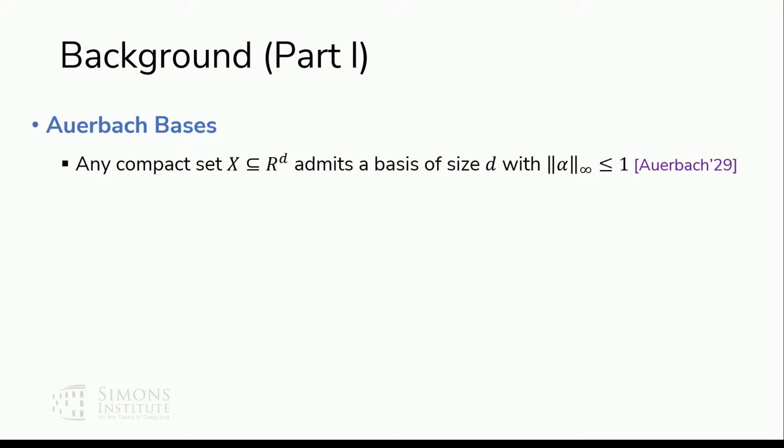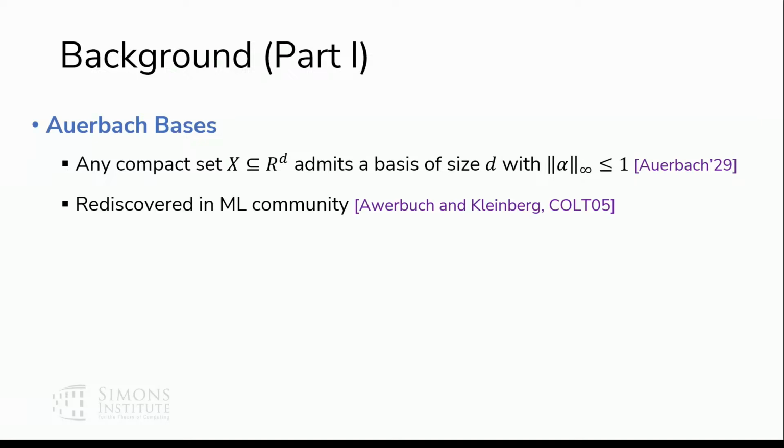It's a different language, and somewhat maybe a stronger result in general. But what it implies here is that for any compact set in a d-dimensional space, there is a basis of size d such that the L infinity norms of the coefficients are at most 1.